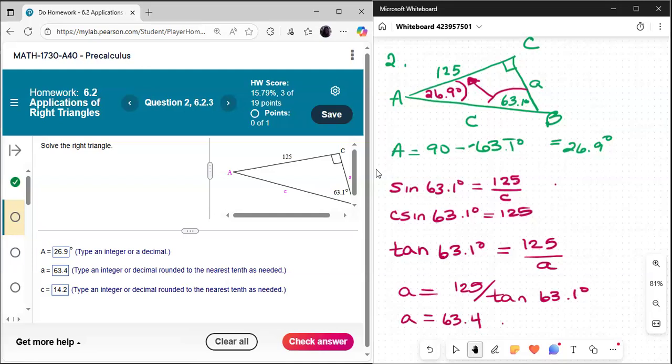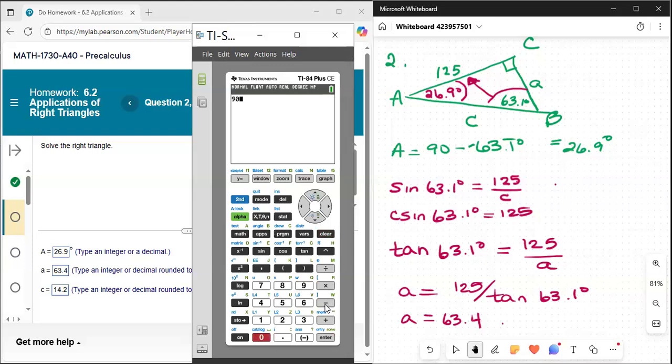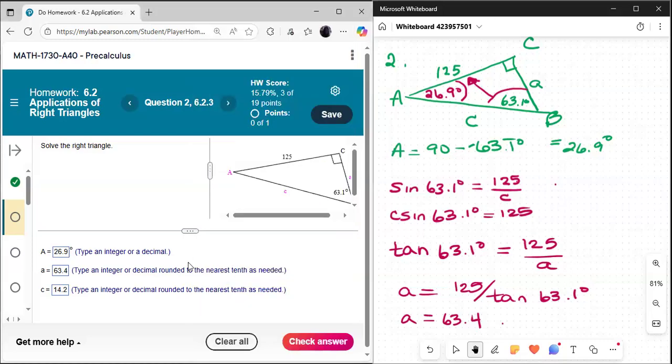All right, so I'm double checking my work. In triangle ABC, 90 minus 63.1 is 26.9, so we've got angle A correct. We want everything rounded to the nearest tenth for A and C as well.